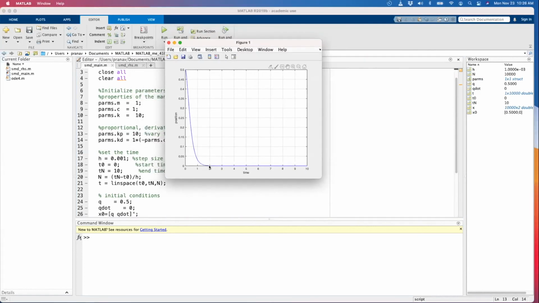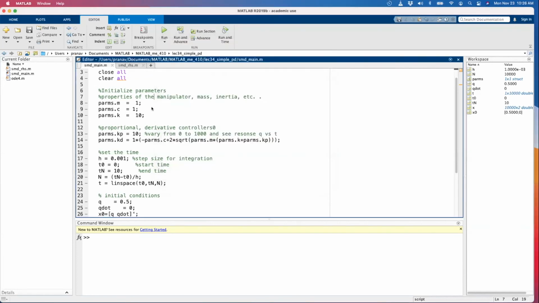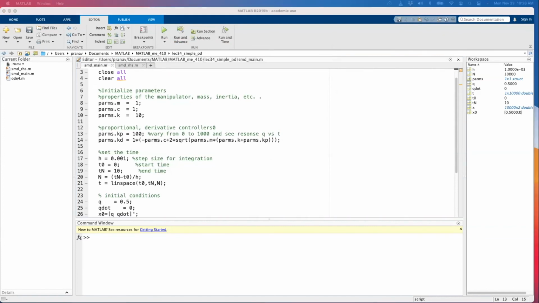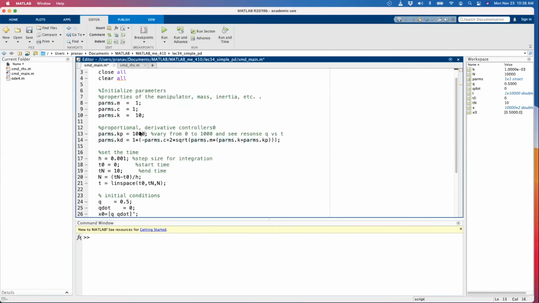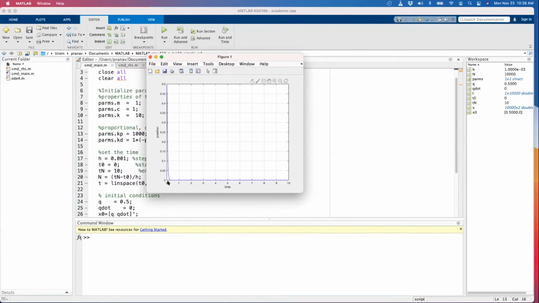It was earlier at 2, now it has become less than 2, maybe 1.8. Let's further ramp this up to 100, and we see that it now takes less than 1 second. And if you keep ramping up, you see that it's now 0 in less than 0.5 seconds.